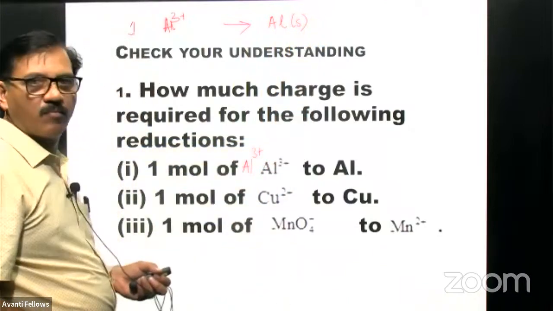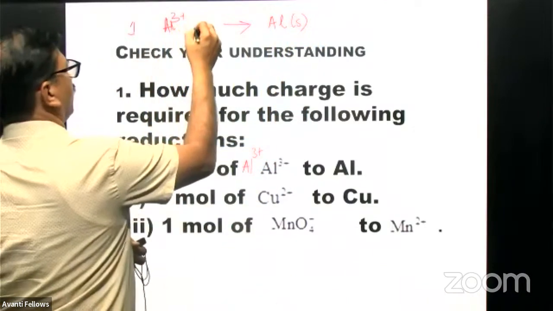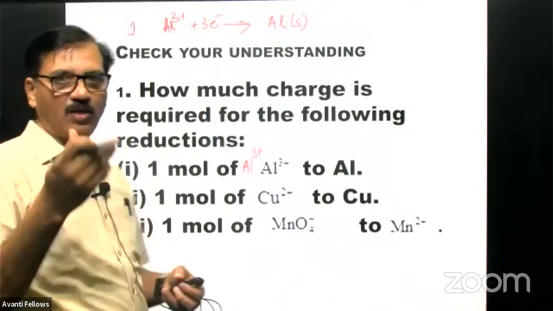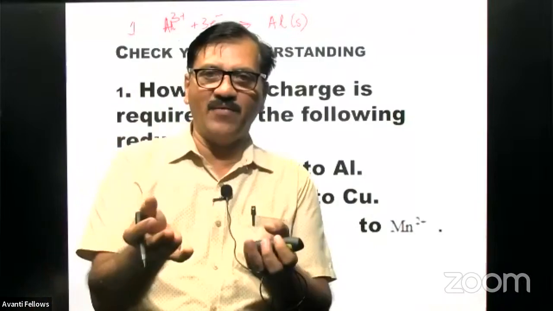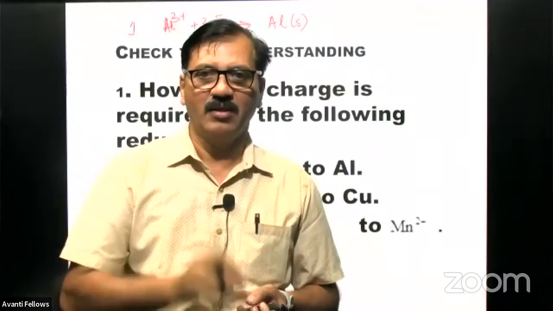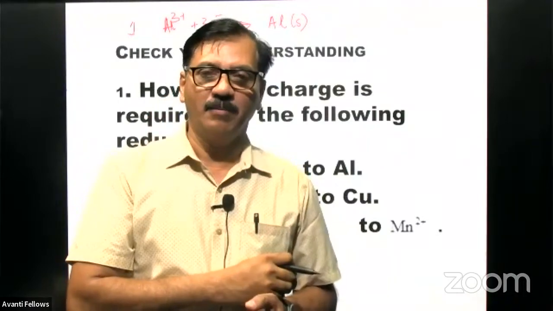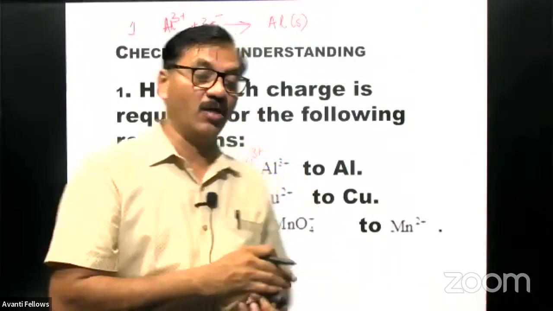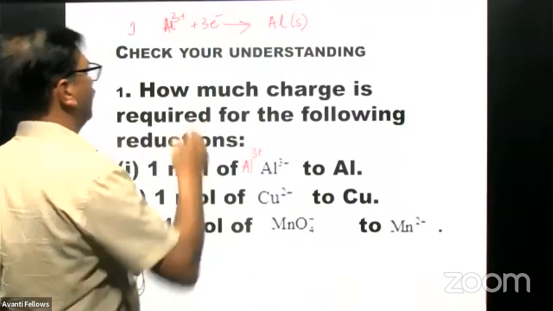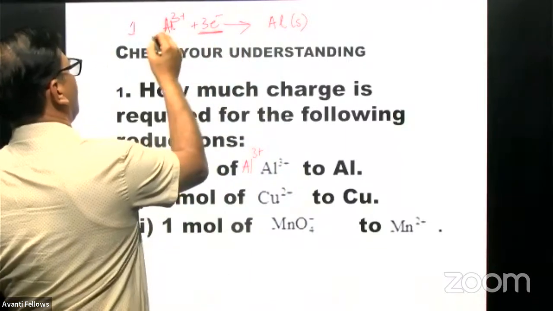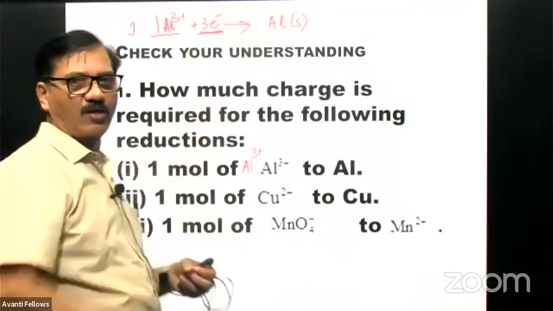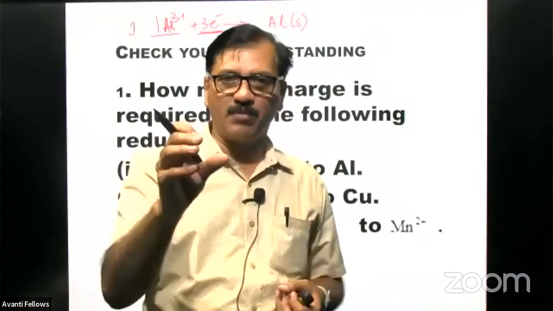For this, you need 3 electrons, because aluminium 3+ means an atom having 3 electrons less. Al3+ has the 3+ charge because it has lost 3 electrons. Again, if you give it 3 electrons, it becomes an atom. So 1 mole of Al3+ needs 3 moles of electrons.